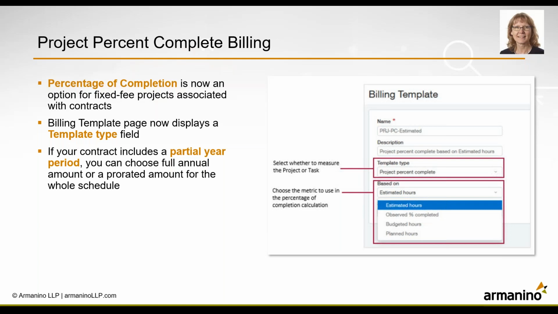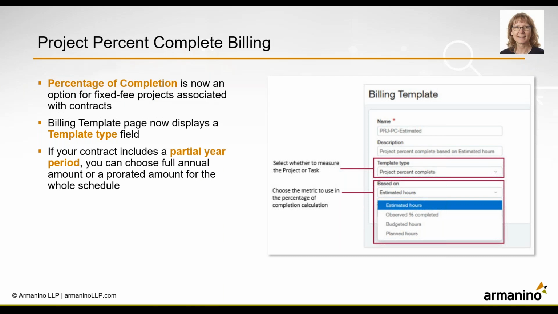It looks like several of the folks that answered the poll are using contracts, so some nice new things are happening with the contract module. I know this is one that many folks have been waiting for: we now have the ability for percentage of completion on a fixed fee project in contracts.